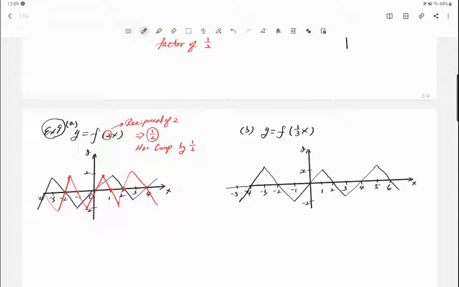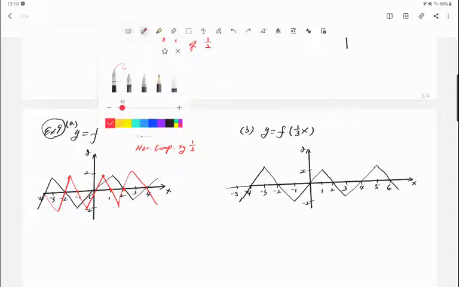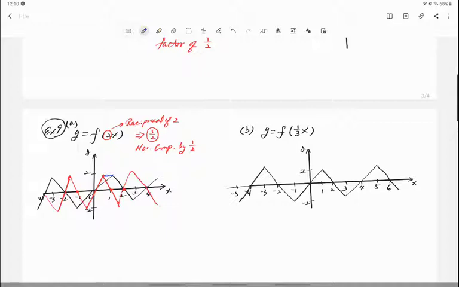All right, so all the x values are multiplied by 2, which gives compression. This point moves over here, this point moves over here, and this point moves over there, and they are all multiplied by 1/2.